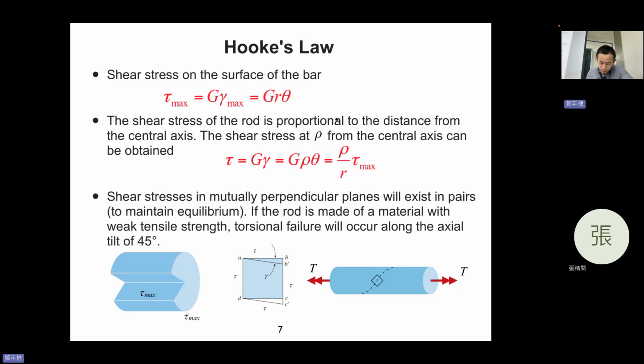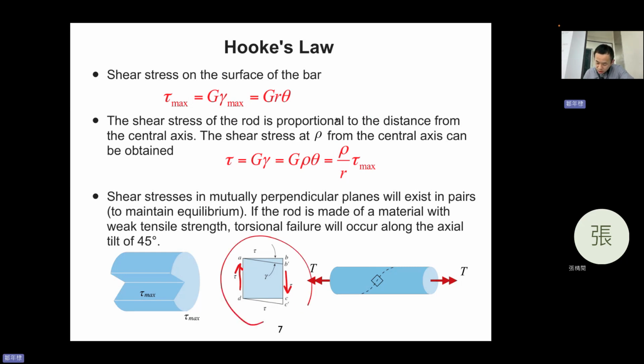And now we are going to link these things to the material that you can see in real life. So you know that shear stresses on mutually perpendicular planes will coexist, right? They will occur in pairs. So remember that if you have a tau like this, you definitely will have another one on the opposite side in the opposite direction.